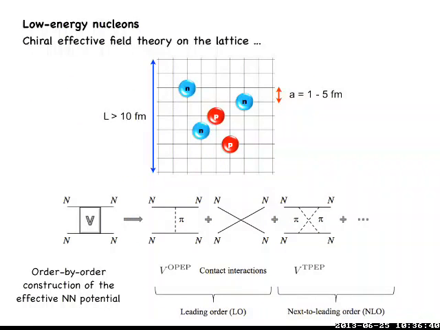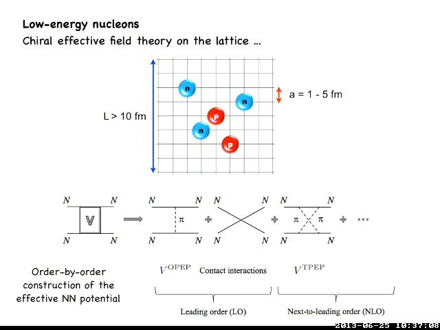The nucleons are placed on a lattice, right? So they are actually fermionic fields, right? So we are on a lattice where the approximate dimensions that we are speaking about are the lattice spacing, which is about 1 to 5 Fermi, in that sort of bracket, right?